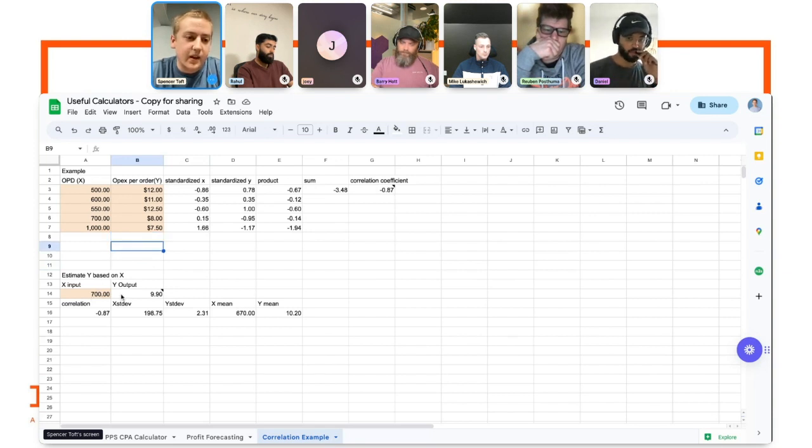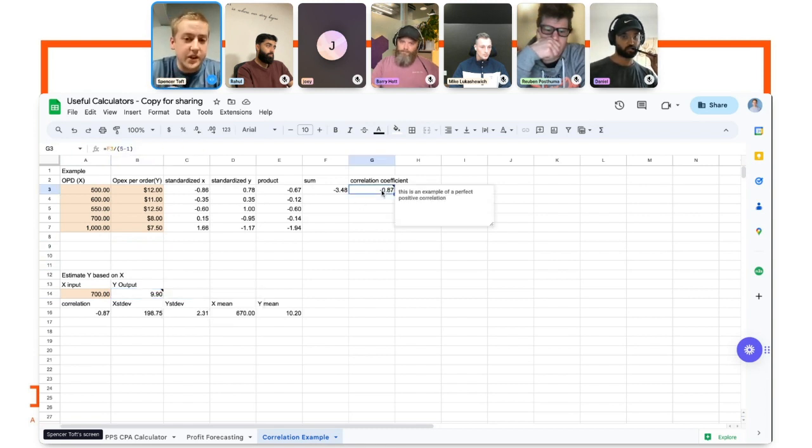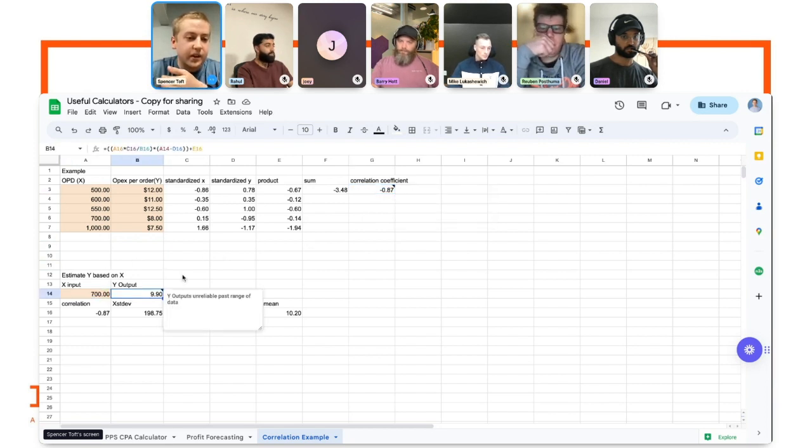So this little tool down here is to estimate using the correlation coefficient. You can put in an X input and estimate a Y output. I say estimate because it is an estimation, and I wouldn't trust this.